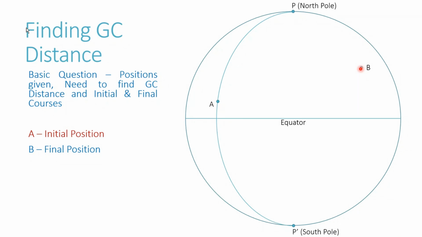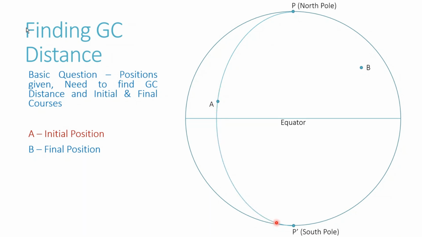Now for this, let us mark the meridian of both these positions. You can see on the screen now, I have marked the meridian of my starting position A on the diagram.